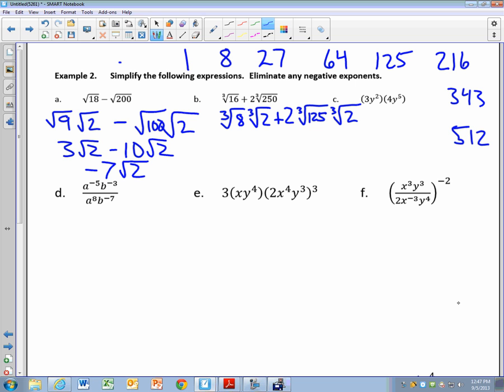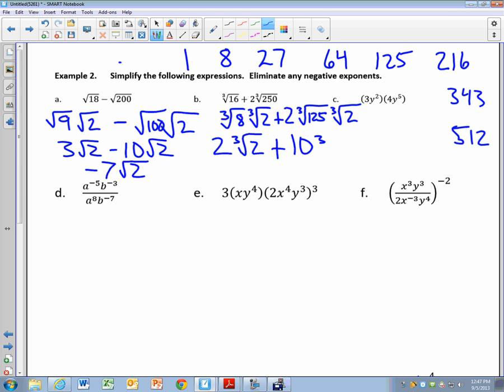Okay, let's pause and see what you got up here. Cubed root of 8. What's the cubed root of 8? 2. So you can see cubed root of 8, cubed root of 2 give me cubed root of 16. Then cubed root of 125 and the cubed root of 2 give me cubed root of 250. What is the cubed root of 125? 5.